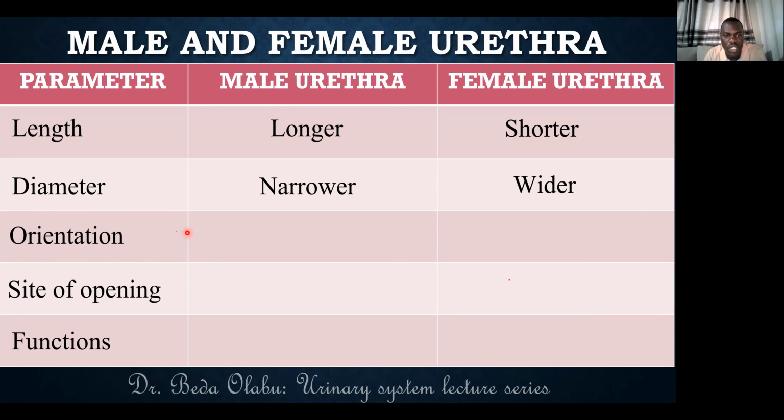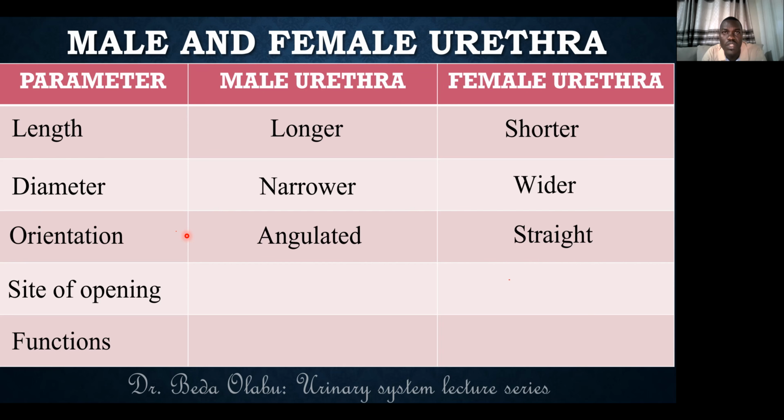In terms of orientation, the female urethra is more straight. The male urethra is angulated. That angulation is irrespective of the penile physiological state. But if the penis is fallen, then again, it means that there are more angulations.